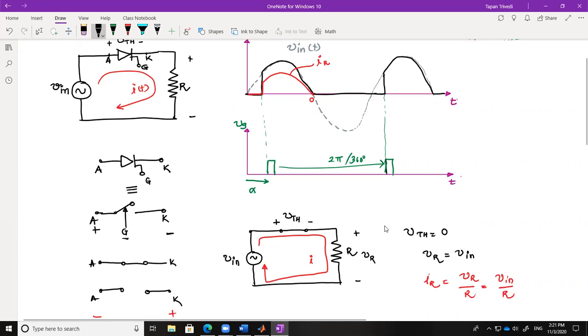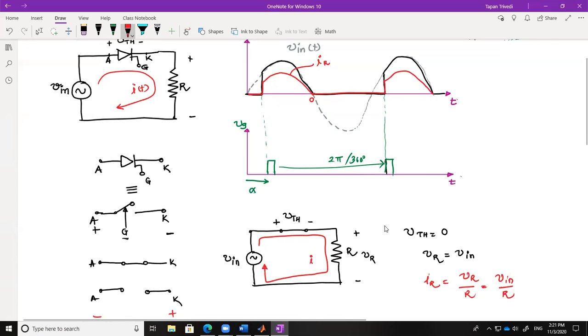Now, what is the average of this? What is the rectified output? That we will see later, because it is anyway very simple and more theoretical. But we are more interested in how I got this output waveform, and does it actually happen in the practical case?